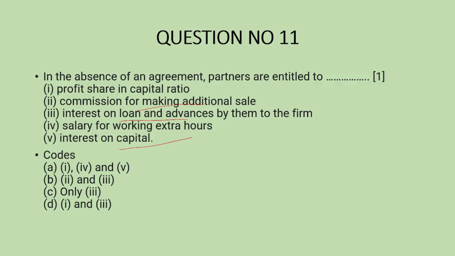The codes are given over here, and your final answer will be number 3, that is, when the agreement is not there, at that point of time only interest on loans and advances by the partners to the firm is entitled to the partners, and the rest are not entitled to the partners because they are not written in any particular pen and paper.